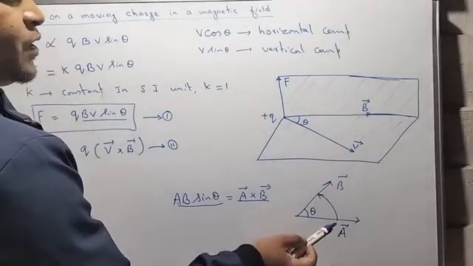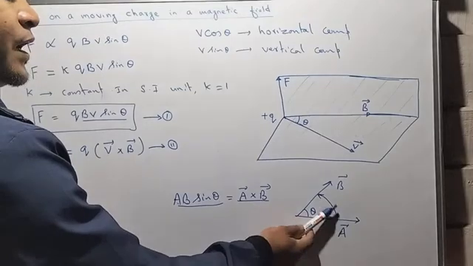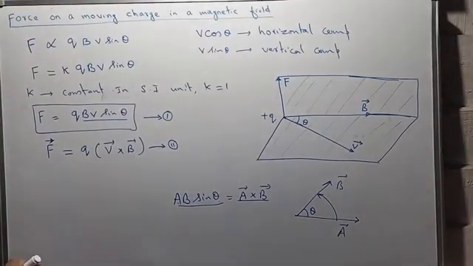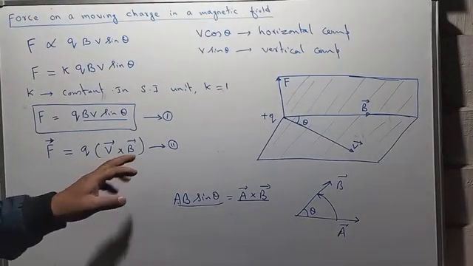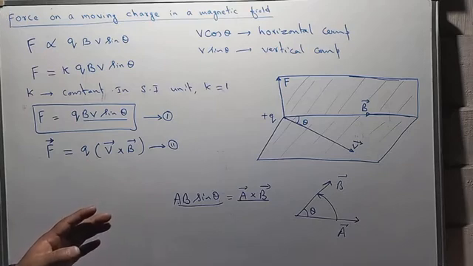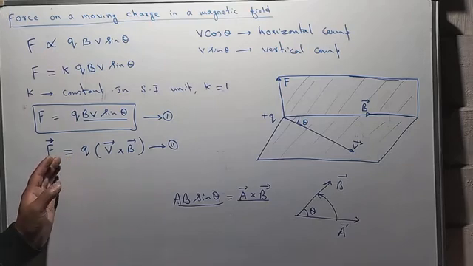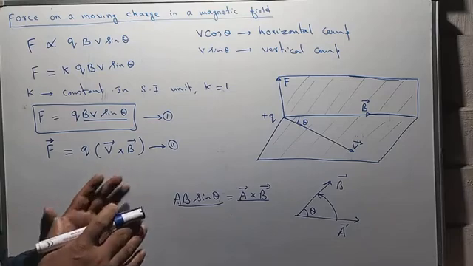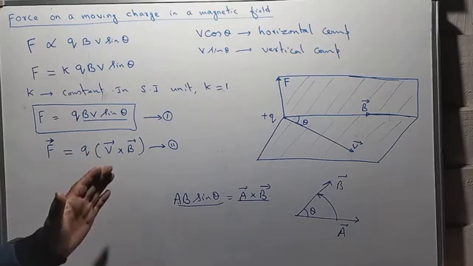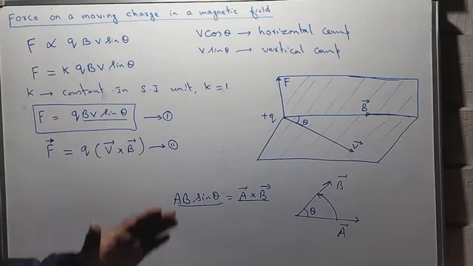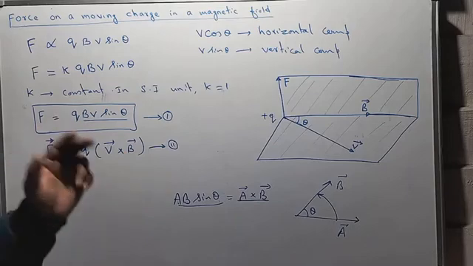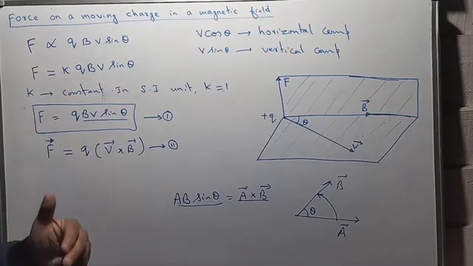So A cross B means you are rotating the vector in the anti-clockwise direction. Similarly, when I write V cross B, there is a meaning for it. And this force here is a vector quantity, so it should have a direction. The direction of this force should be perpendicular to the plane containing both V and B.